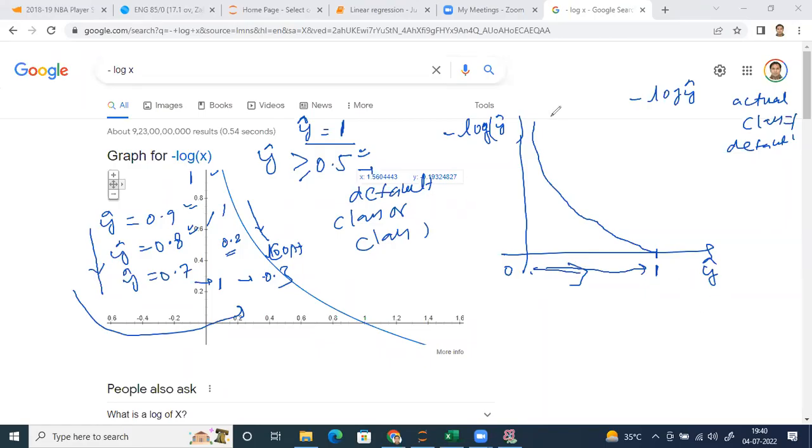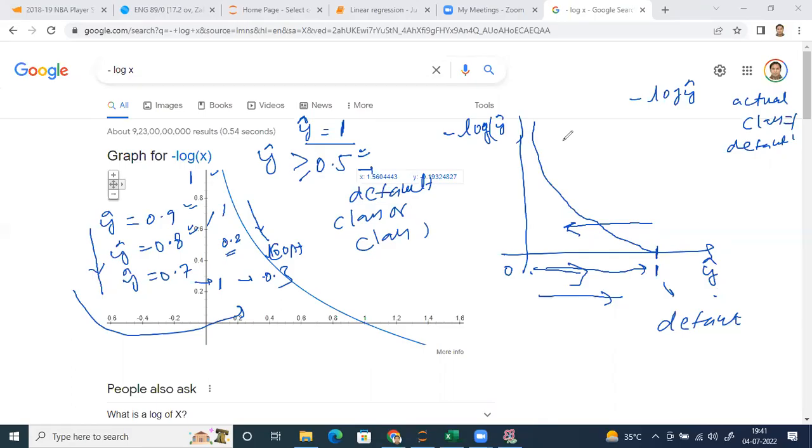That means my cost should decrease, and my cost should be 0 when I have probability 1, meaning guaranteed I belong to the default class. The more my probability increases, the more the chances that I belong to the default class, hence my cost decreases. But if my probability decreases, my chances of belonging to class 1 also decrease, and hence my cost increases. Clear?